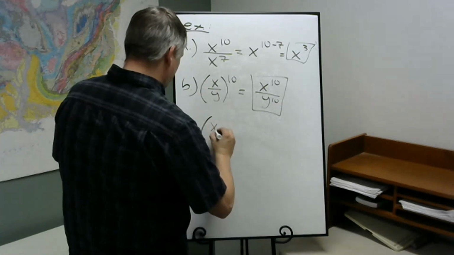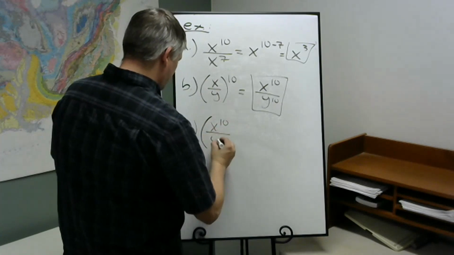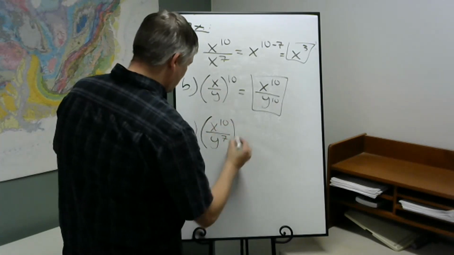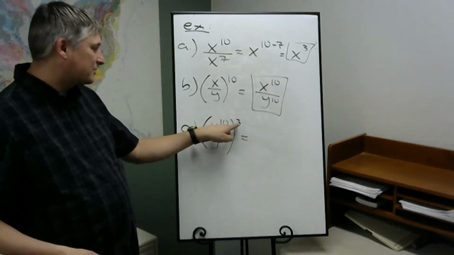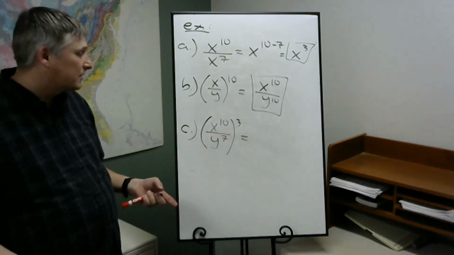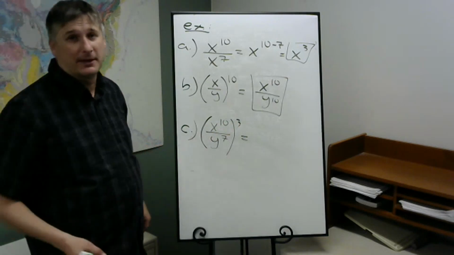Or, let's say we have this. Again, we're going to distribute the 3 as an exponent to the other exponents, and the exponents will be multiplied.